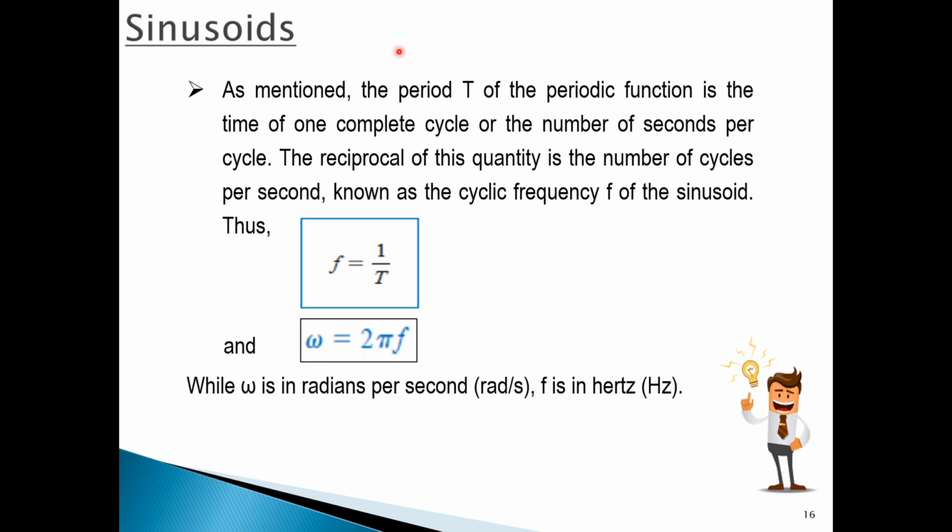From our equation a while ago that T is equal to 2 pi over omega and f is equal to 1 over T, our angular frequency is equal to 2 pi times f. While omega is in radians per second, f is in hertz.